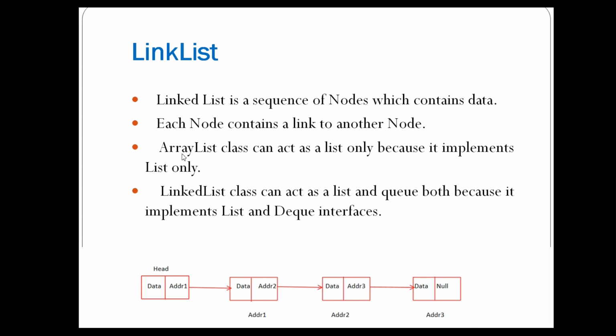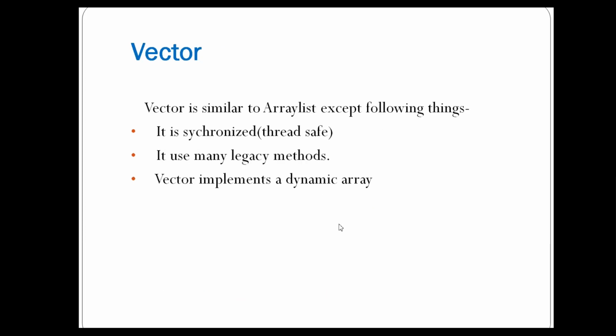The ArrayList class can act as a list only because it implements List only. The LinkedList class can act as a list and a queue both because it implements the List and Deque interfaces. In the diagram we can see our LinkedList class implements the List and Deque interfaces.